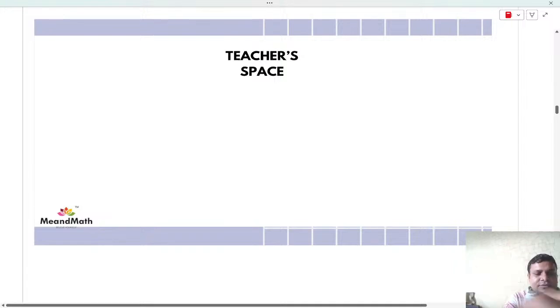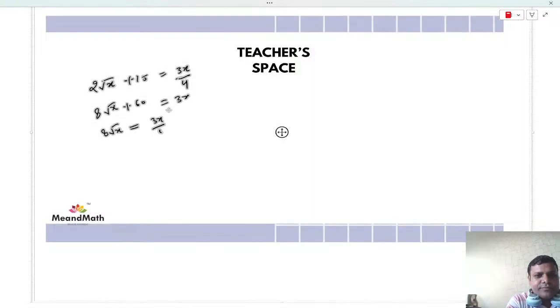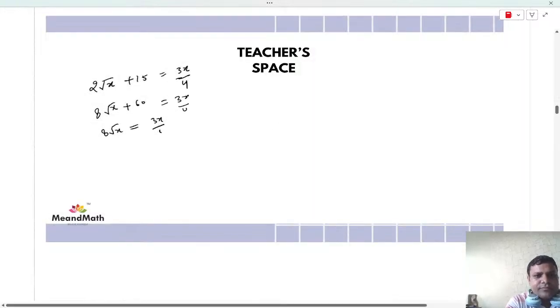Let's solve the question. 2 root x plus 15 is equal to 3x by 4. If you take the LCM, then it's 8 root x plus 60 is equal to 3x. So 8 root x is equal to 3x minus 60.